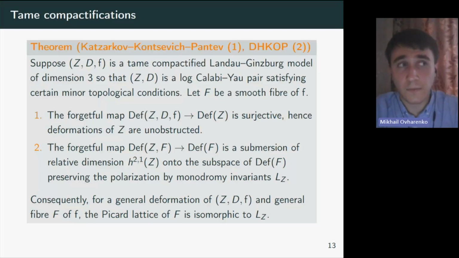Actually, the Picard rank of a general fiber of the non-deformed original standard Landau-Ginzburg model could jump. And we can think of that effect as follows.